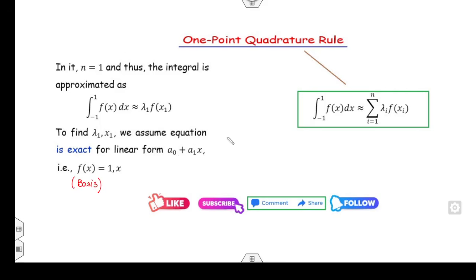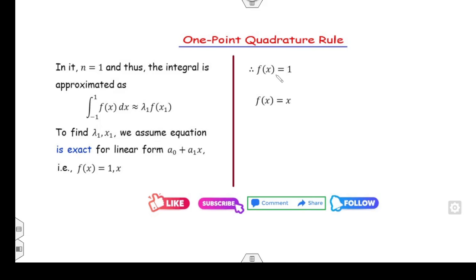So I can substitute f of x is equal to 1 and f of x is equal to x in equation number 1. So you will get the integral from minus 1 to 1 of dx equal to lambda 1 of 1. Similarly, for the second case, the integral from minus 1 to 1 of x dx is lambda 1 times f of x1, which is x1.